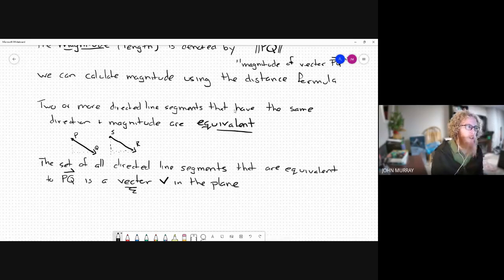We say the set of all directed line segments that are equivalent to line segment PQ, we call a vector v in the plane. And so we can say that v is equal to directed segment PQ. This is lowercase, and I did make this bold on purpose.